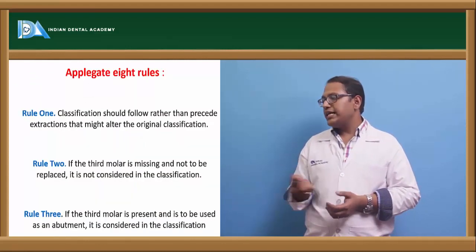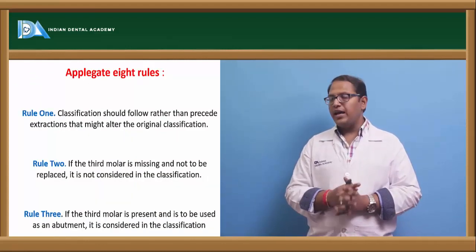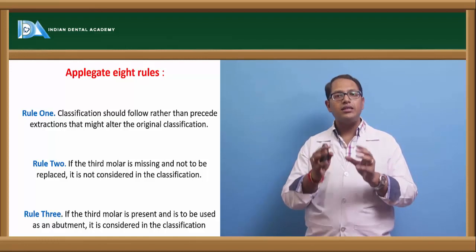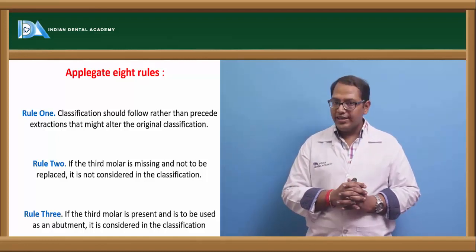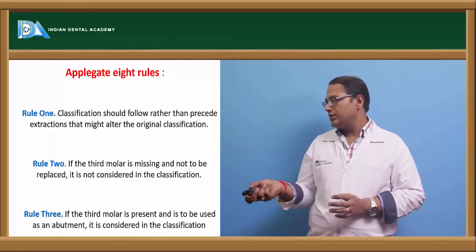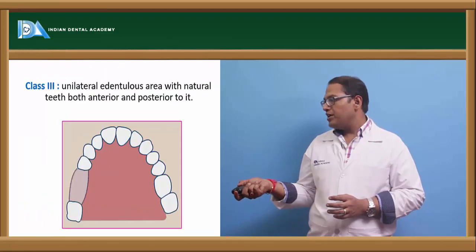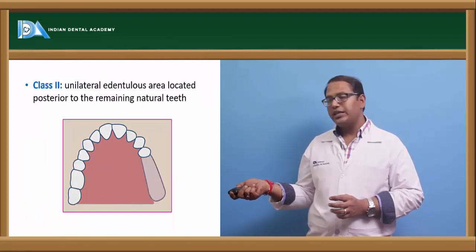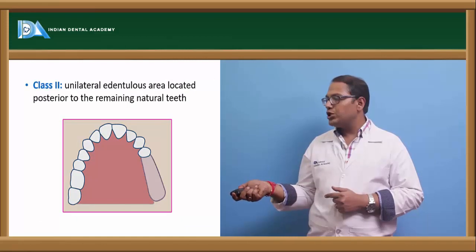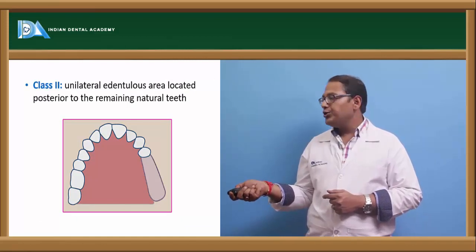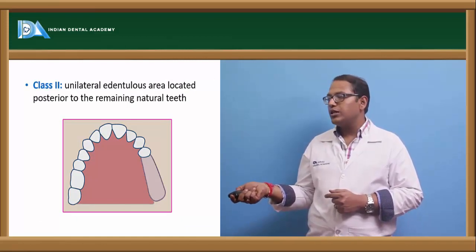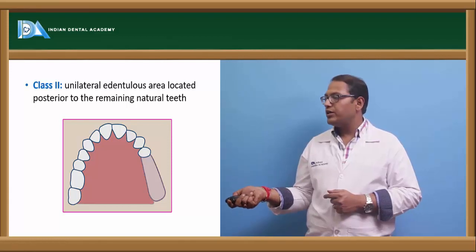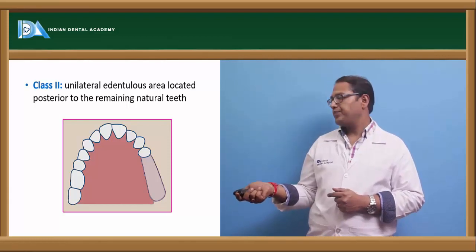Rule number 3 says if the third molar is present and is to be used in the fabrication of the removable partial denture, it has to be counted. That means if there would have been a third molar here that you are supposed to use as an abutment tooth, you have to consider the third molar as one tooth. So this will convert into class 3.